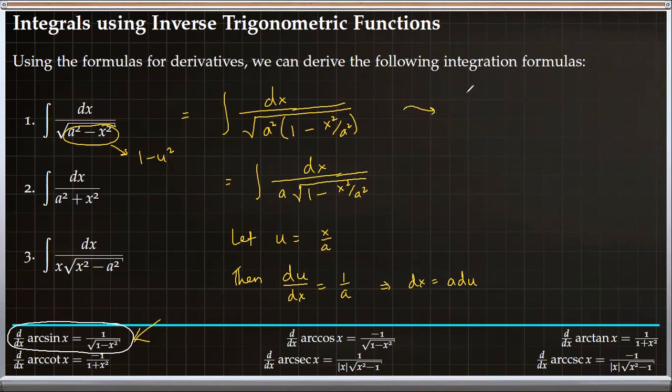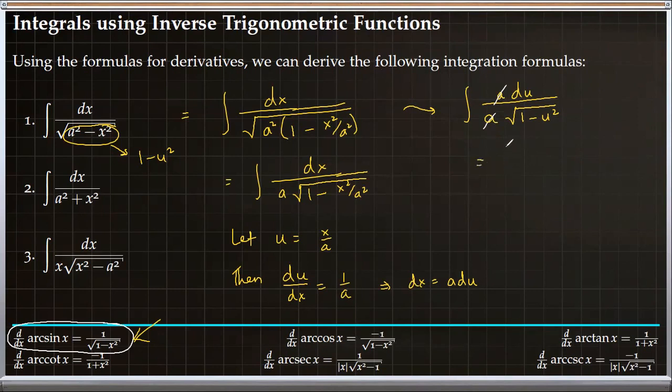So this becomes the integral of du over a times the square root of, sorry, dx is a du, I missed that a over here, 1 minus u squared. Looks like the a's get canceled out from top and bottom.